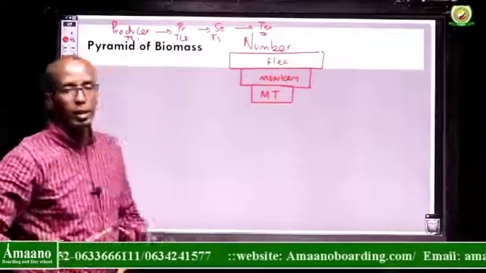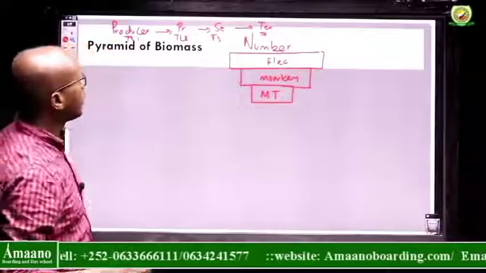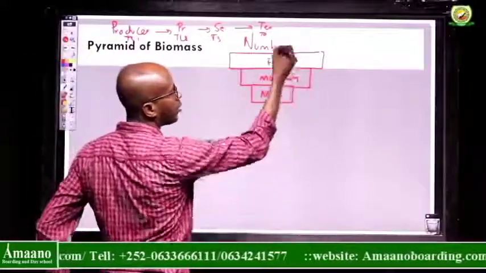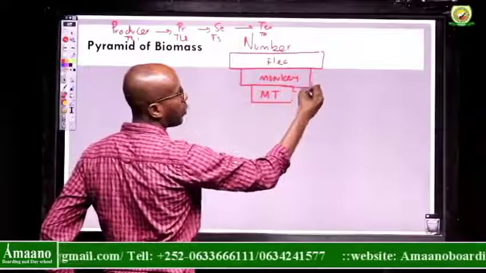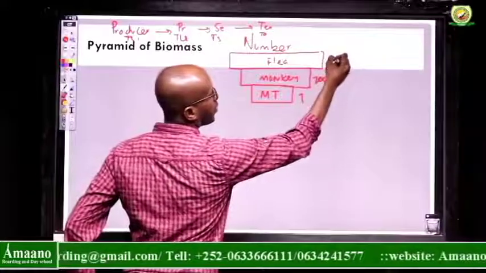You see, this is an inverted pyramid of number. It shows us that the number of monkeys is more than the number of mango trees. Say we have here 1, we have here 100, we have here what, please?